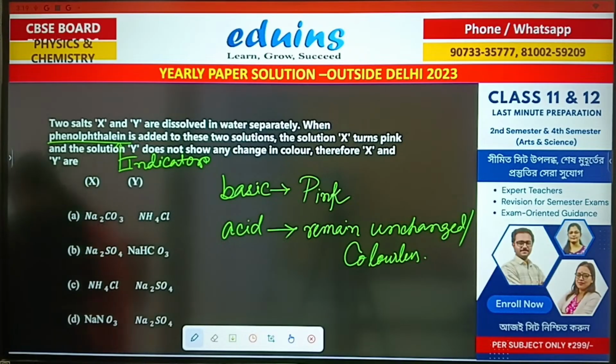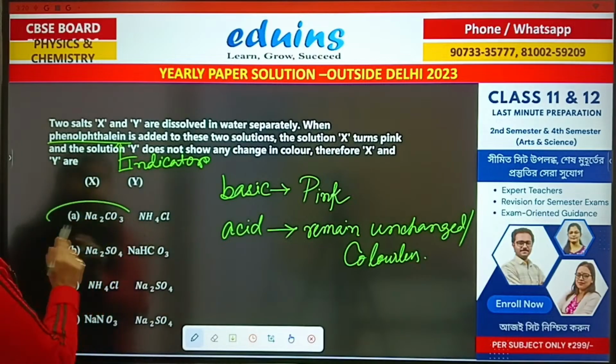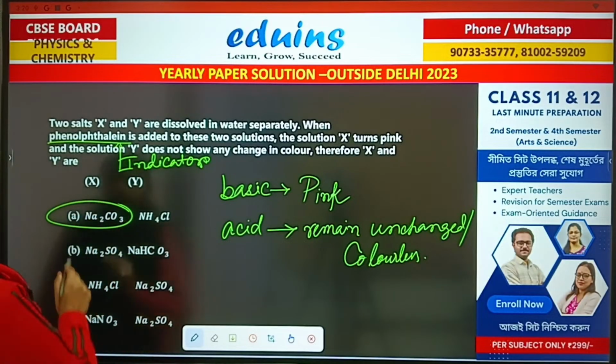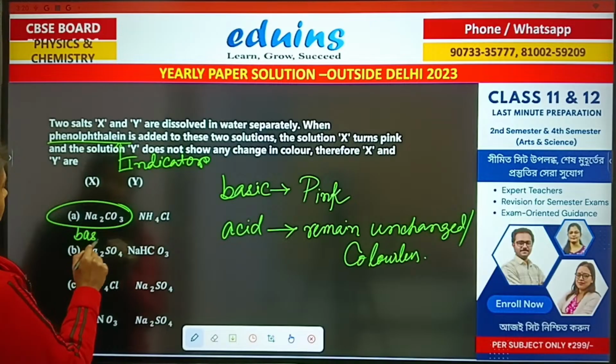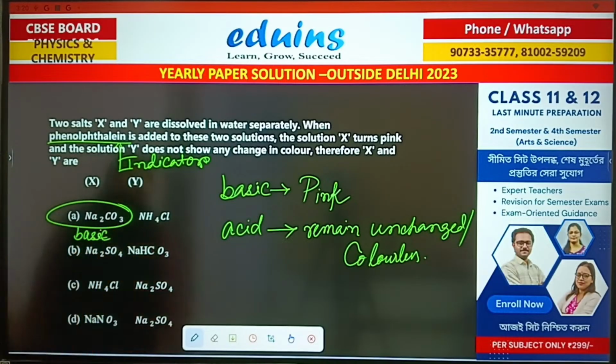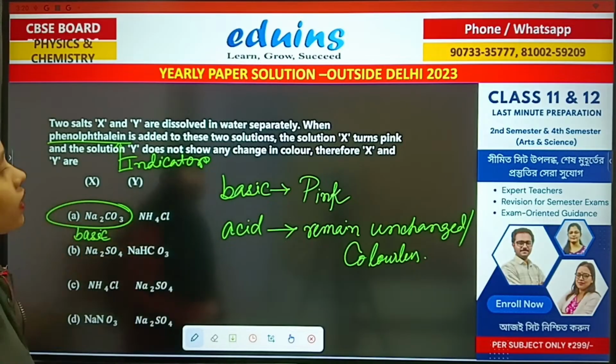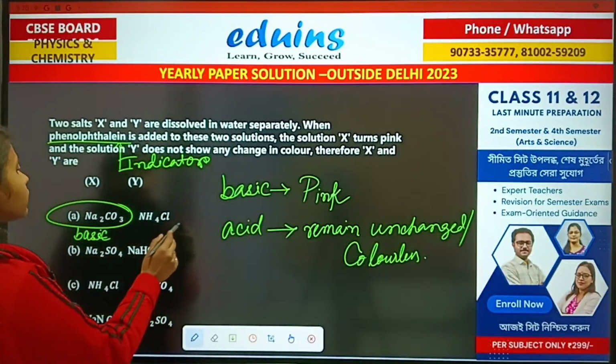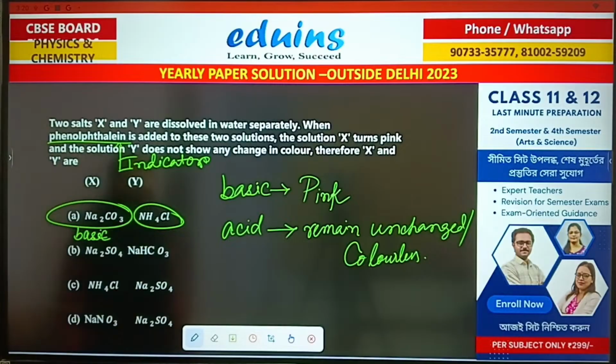Na2CO3 is basic in nature. So after adding the phenolphthalein solution, it turns the phenolphthalein into pink color. But NH4Cl is not basic in nature.